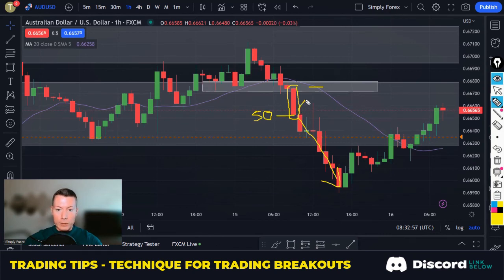If price did retrace up into this area, put your second 50K on and then take it down. So just a little technique, guys, that helps us to get in on trades that don't retrace. At least you have some money on the trade and you can still make profit. And if it does retrace, great. We can enter the second half of our trade.